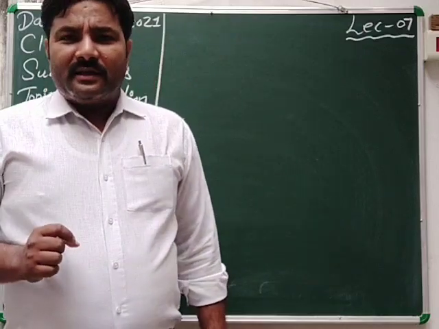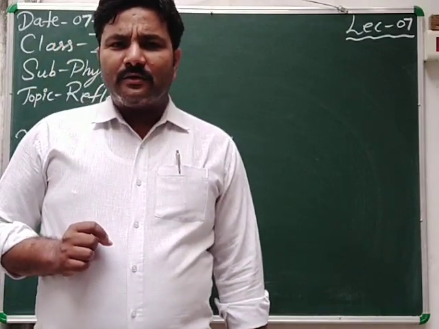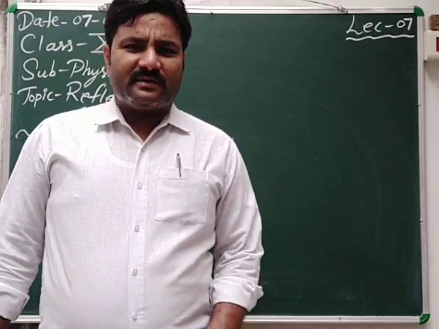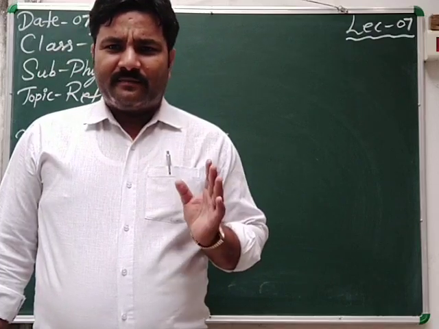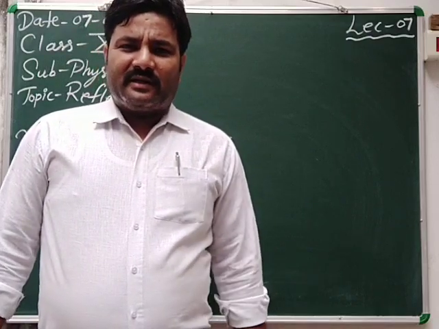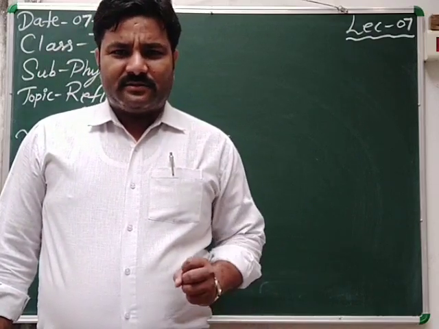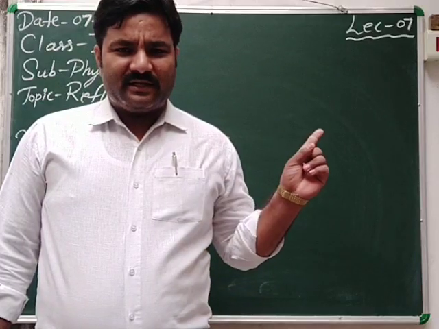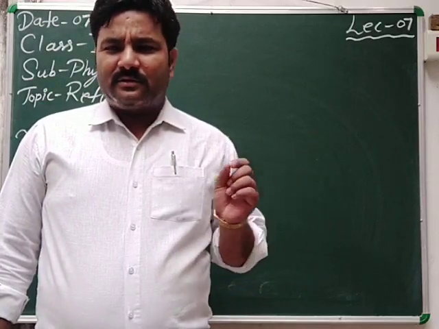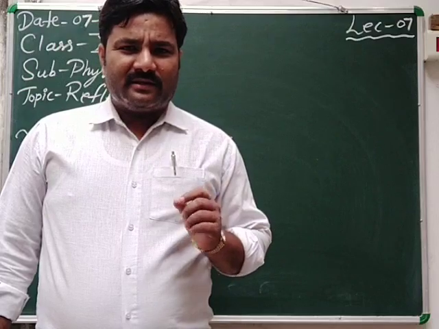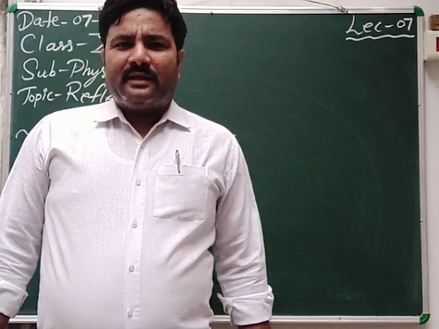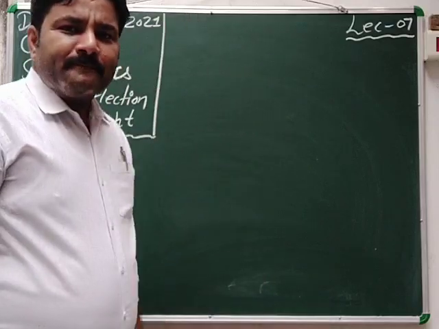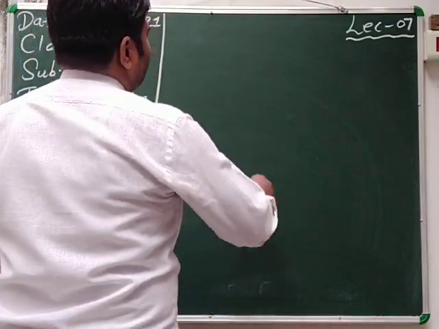In a concave mirror there are a total of 6 cases, but in the case of a convex mirror a total of 2 cases. So combined, a total of 8 cases. In the 7th lecture we will discuss 4 of the concave, and the remaining 2 concave and 2 convex we will discuss in the next lecture. So let's see the image formation cases.